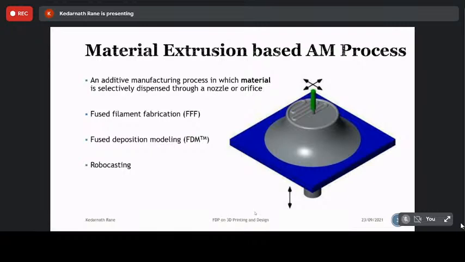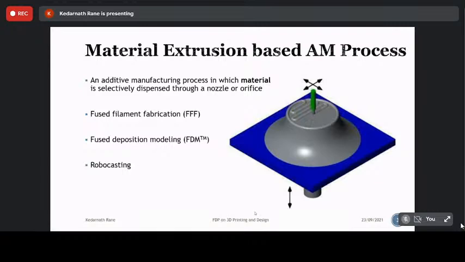But again, previously it was only used for polymers. Now, in the last few years, we are developing a lot of integration technologies where we use this kind of method to deposit metals and ceramics as well. In the late 90s, there were some attempts in a few universities to deposit such materials, and they called it robocasting.